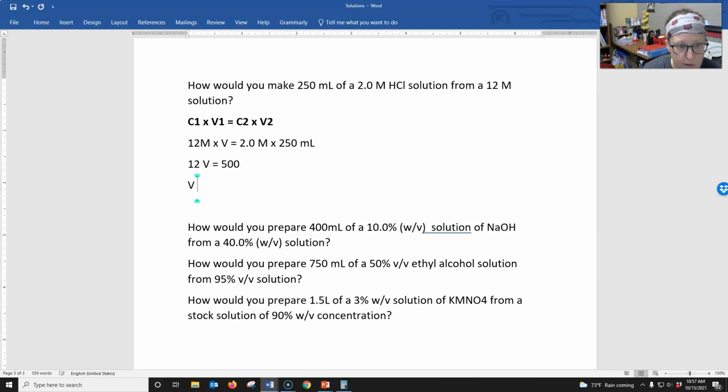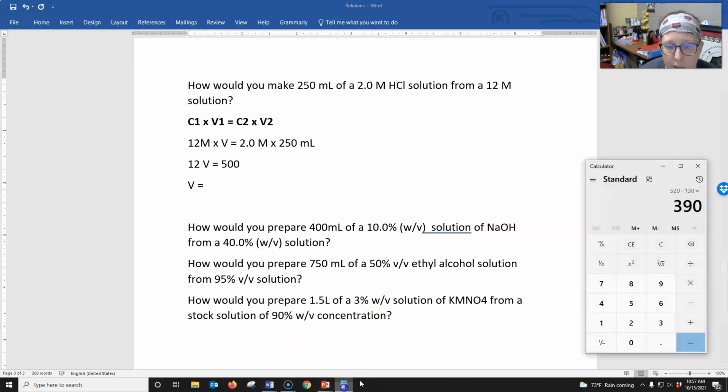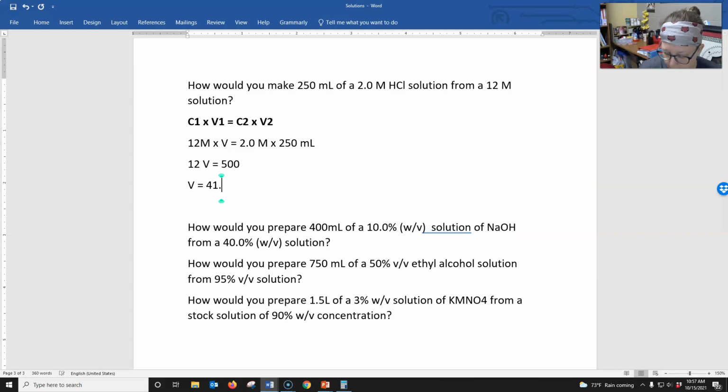I'm just really dealing with the numbers right now. It's going to be 500 divided by 12. So then we get our calculator, we go 500 divided by 12. And that's 41.666. Well, practically, let's just say 42 mils, because that's just easier to measure.